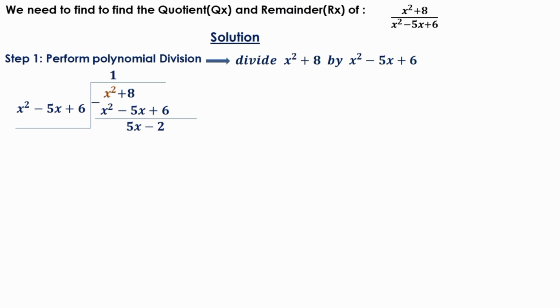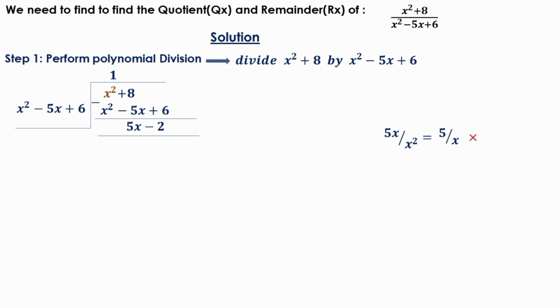So that is it. The next step naturally will be to divide the first term again, that is 5x, by x squared. But as we can see, if we try that, 5x over x squared is not going to give us a whole number. It's going to give us a fraction, which is not what I want.